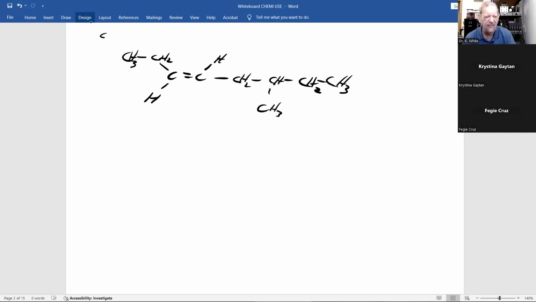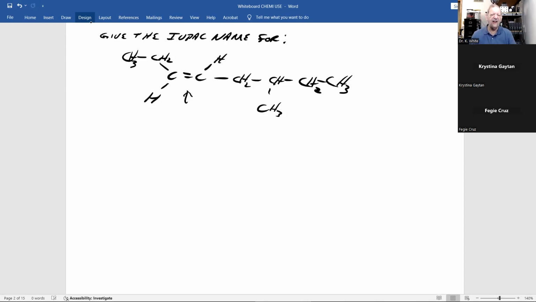And the question is, give the IUPAC name. And here you have to find the longest chain, but from now on, you should look at a molecule and look for what's different. What's not a carbon-carbon single bond or carbon or hydrogen atom should get your attention like that. And we have a double bond here.